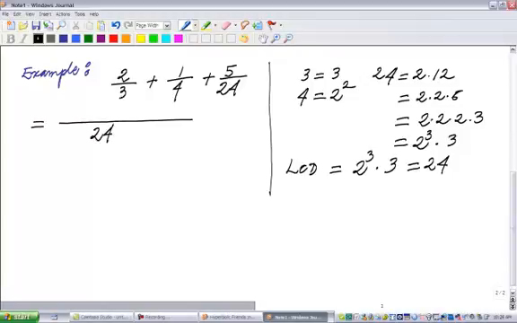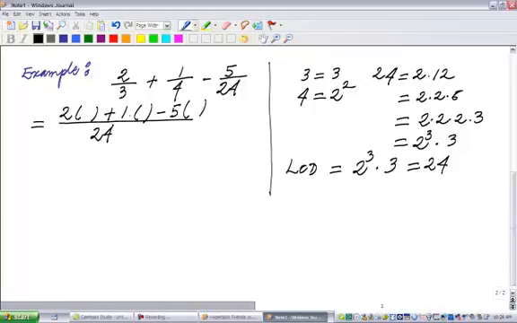Okay, you know what? Let me make a change here. Let's say I have a minus here, okay? So here I'm going to have 2 times something plus 1 times something minus 5 times something, okay? So what goes here?